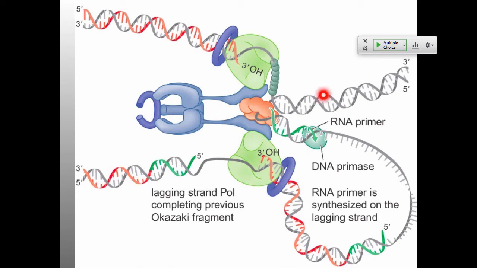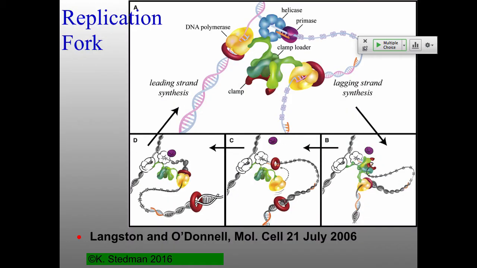This one's a little bit closer to what the real structure actually looks like. Again, primases, helicases, sliding clamps, and leading strand polymerase, lagging strand polymerase. Here it's got these single-stranded binding proteins bound here, should be bound over here on this side as well. This is an image from a paper, should be freely available.